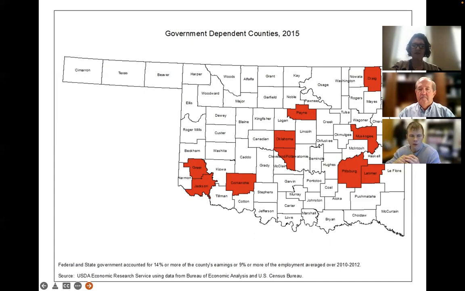In Jackson, we know the Air Force Base out in Altus, and Lawton is home to Fort Sill. And then you can see some of the other government dependent counties. McAlester, in Pittsburg County, the jail is a large employer, and you can see a few other ones across the state that are heavily dependent on government employment.